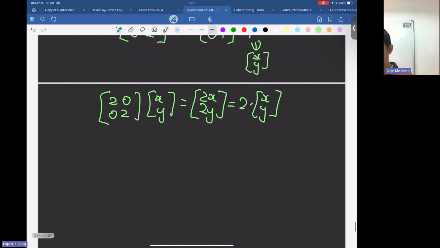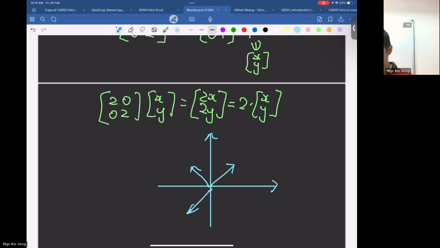In other words, what happens to your points in R^2 here? If you consider all the points, all the vectors become longer, scaled by 2. But except for one vector. Do you know what that vector is? 0. Good.